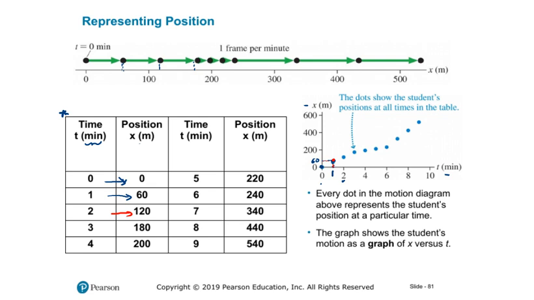Let's do one more at time 2. It's 120. We go to 2, draw lines, and from 120 we also draw a horizontal line, and where they intersect we put a dot. And we keep doing the same, putting a dot everywhere we have a value of time versus a value of the distance, and so on.